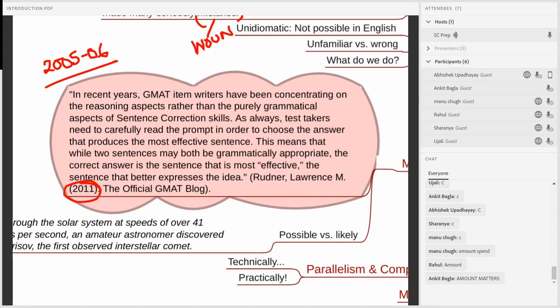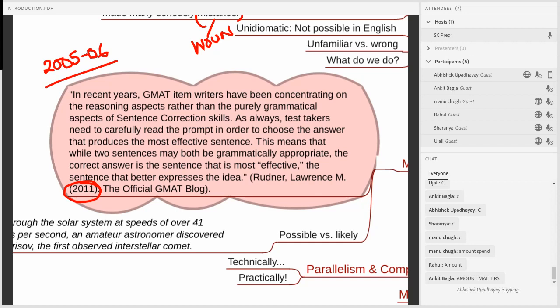Other companies latched onto this and said the GMAT is only testing meaning. It's now a meaning-based exam. That was also wrong, right? And somehow they keep saying this. Like every year they keep saying this. The GMAT is becoming more and more focused on meaning. The only source of information they have is this post from 2011. That's it. And remember, the post from 2011 is talking about questions starting from 2005.